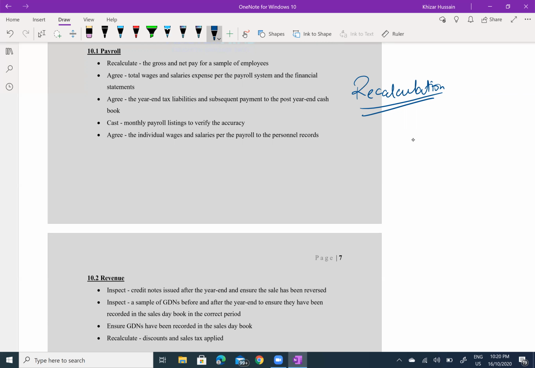All right. You get that figure, you add any increments, bonuses, and any other kind of payments made to the employees. For example, incentives and stuff like that. For sales, you have commissions, incentives, right? You add it up and you get your salary expense. Obviously, you will not get the exact figure because we're recalculating.